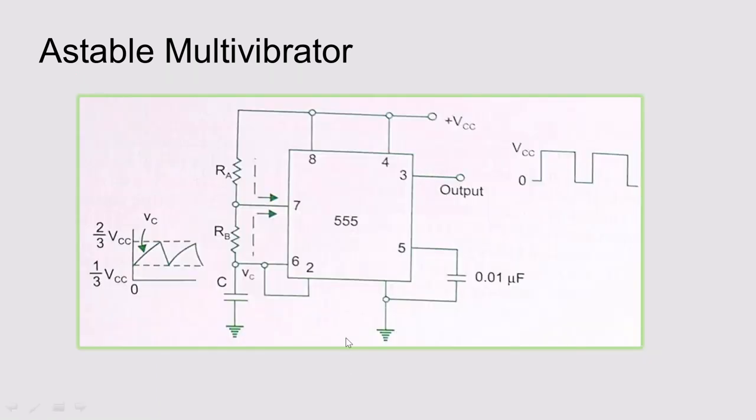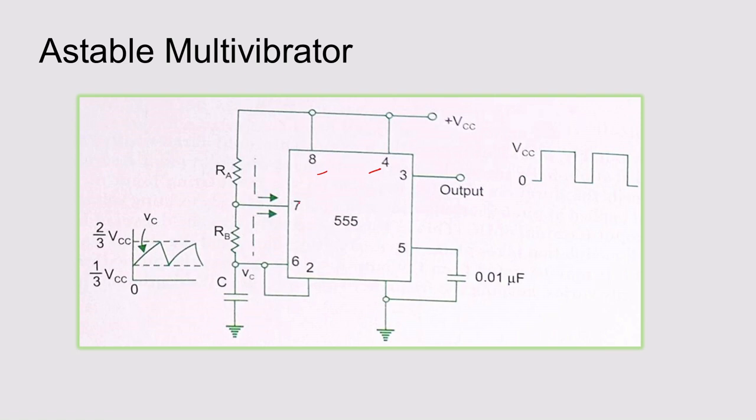Now let me explain about these terminals and how they are connected. We know that the 8th pin is your supply and the 4th pin is your reset. Both are shorted and connected to VCC, and the 3rd pin is output, connected via a power amplifier.